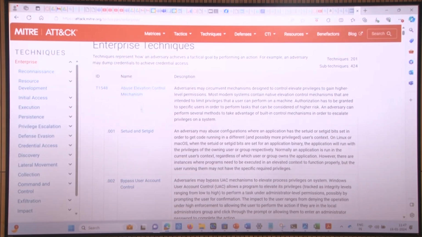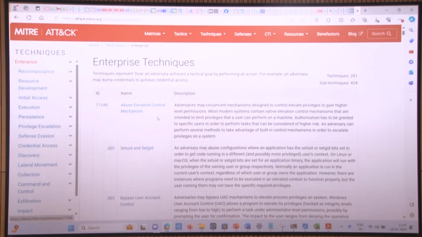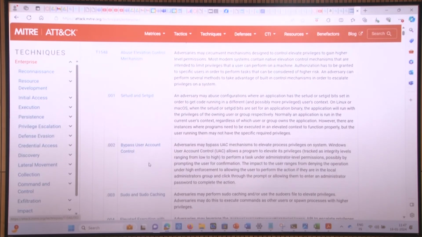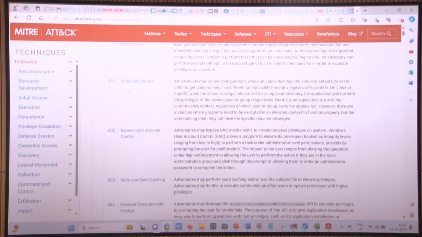For example, here you see abuse elevation control mechanism, right? This is about privilege escalation. There are multiple different sub-techniques within privilege escalation, like, for those of you who know about it, setuid and setgid.